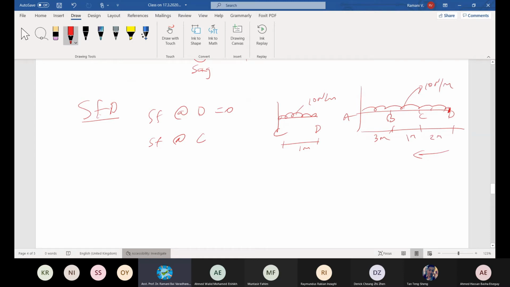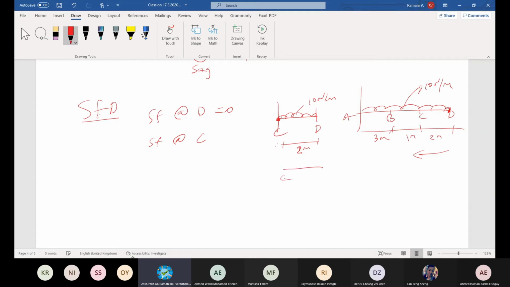So in doing this, it is 2 meter, right? First of all, you need to change the UDL to a point load to find the shear force at point C. Our concern now is how much the shear force at C is. The loading and the corresponding shear force response developed in the member is calculated from this load.